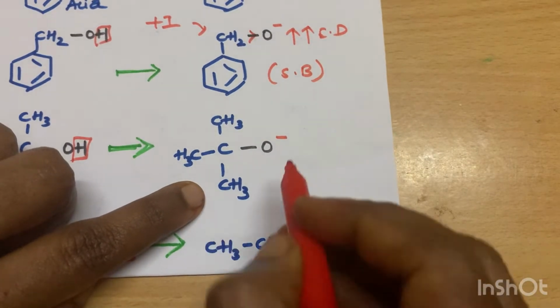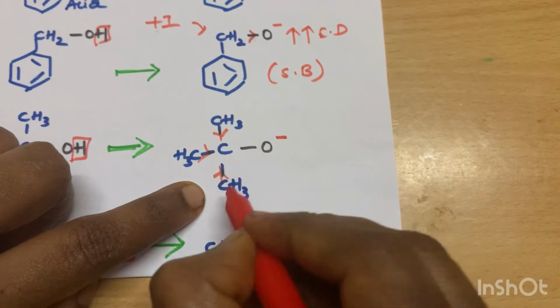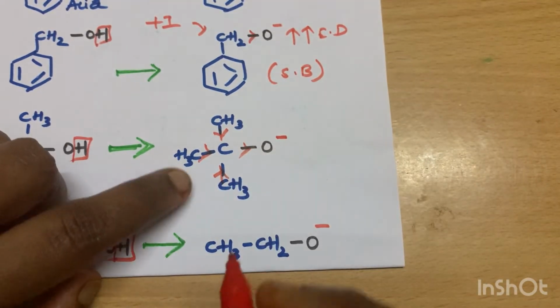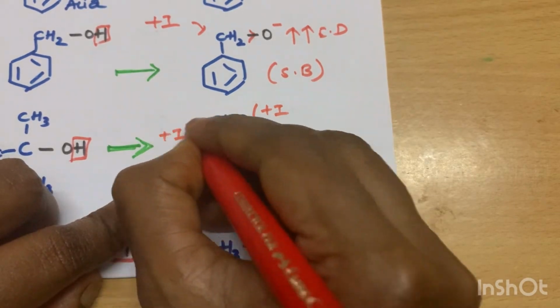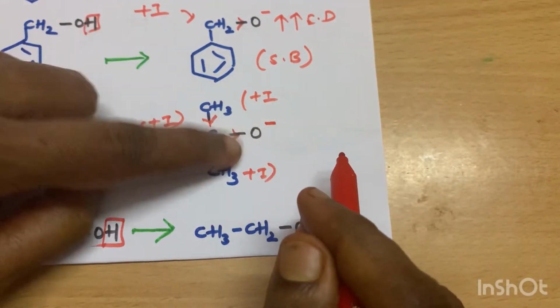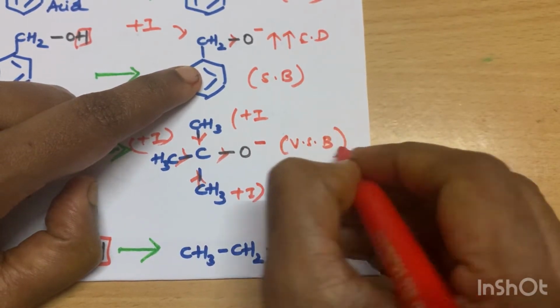Here the charge density will be increased by the plus I effect of the three methyl groups. All are showing plus I effect and donating electrons. It is stronger than this one, so a very strong base.